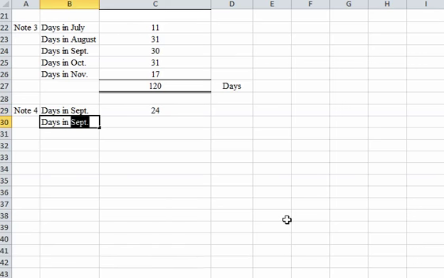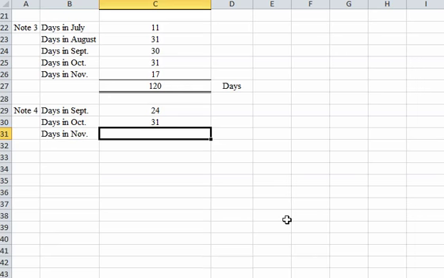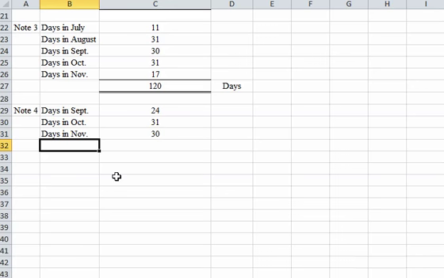So days in October. We'll pick up 31. That gets us to 55. So days in November, it's a total of 30 days. We're trying to get to 90. So that's 55 and 30. It's 85 days.